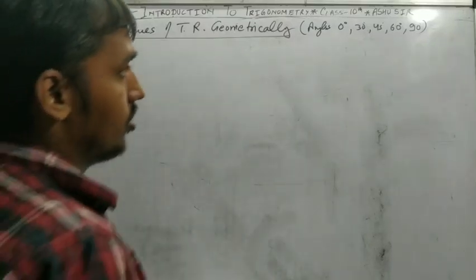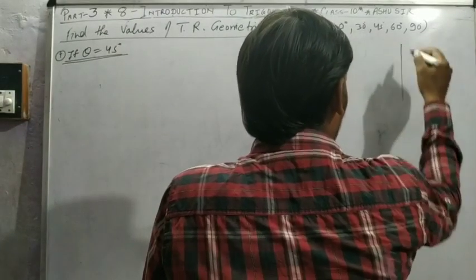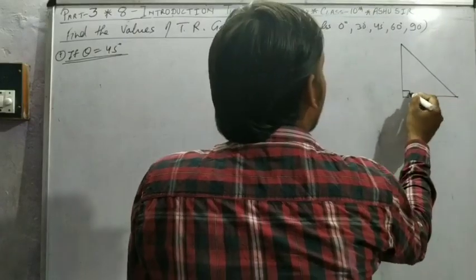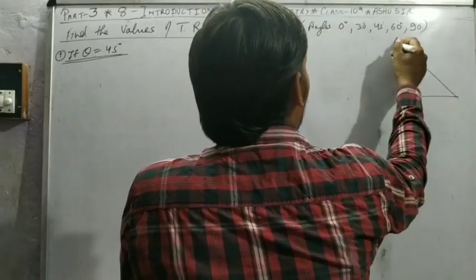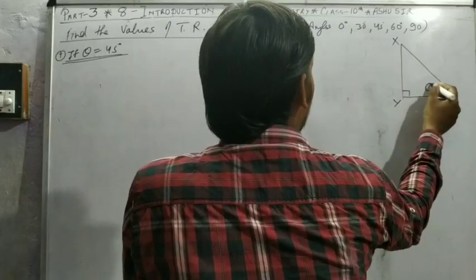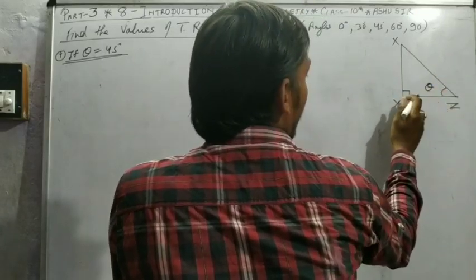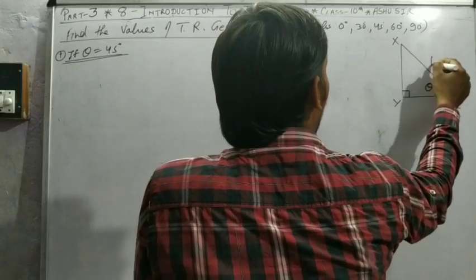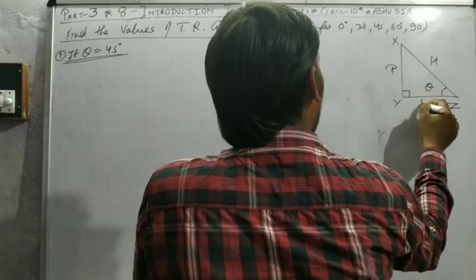For this you can see the figure here, that is a basic figure, triangle XYZ. For this theta, this is 90, in a right triangle: hypotenuse, perpendicular and base.